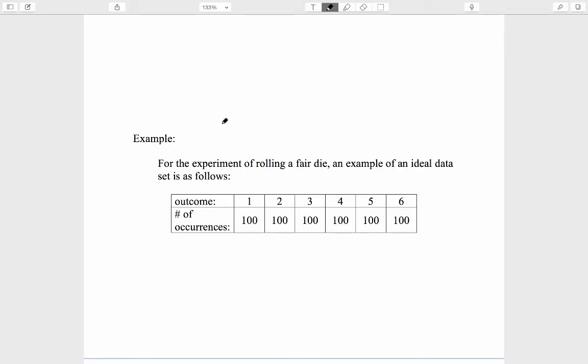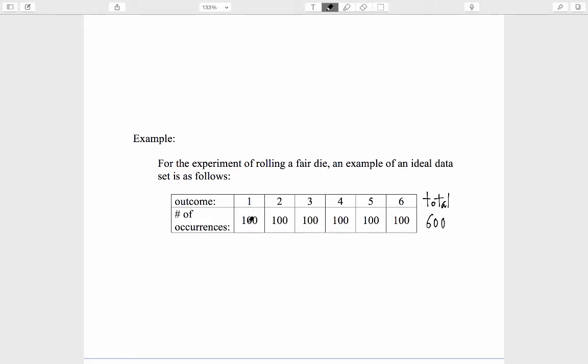Here's an example. For the experiment of rolling a fair die, an example of an ideal data set is the following. For each outcome, suppose that you have rolled exactly 100 of each number. This implies that in total there were 600 rolls of the die. 100 of each.